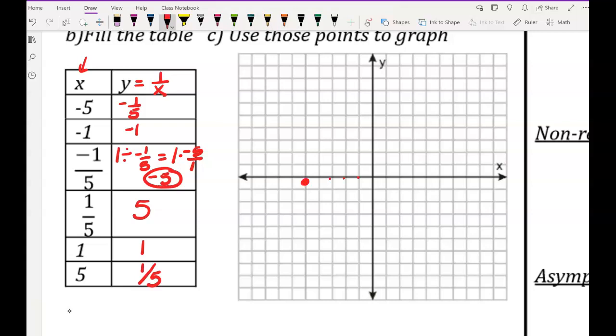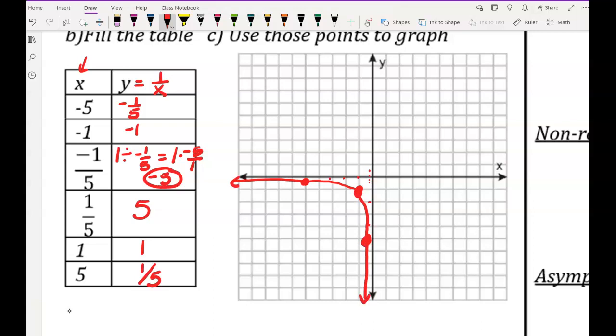So when x is -1, y is -1. When x is -1/5, which is really close to the y-axis, we can go down to 5. So that's a dot. Since this is an equation, we are going to connect the dots just like this, and that is the first side of this graph, as you can see.